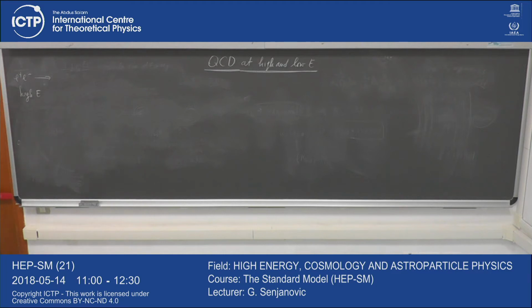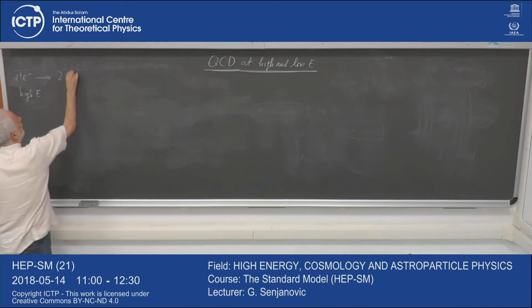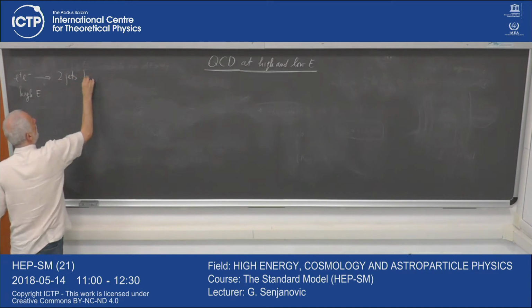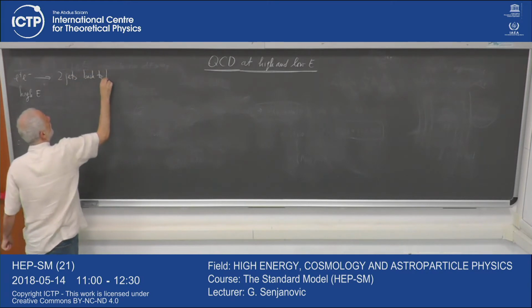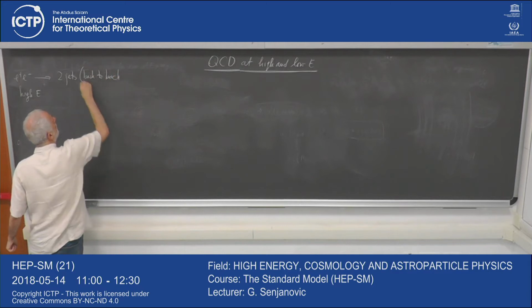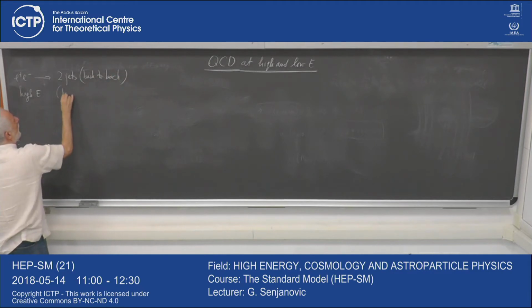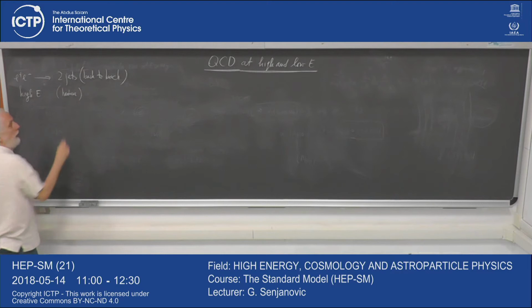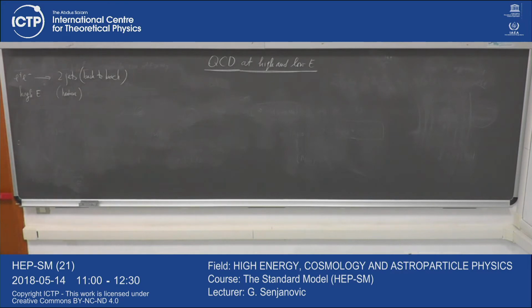The production of jets of hadrons that will go back to back. So you get two jets, most of the time, back to back. These are jets of hadrons, they go in bunches, pions, other mesons.